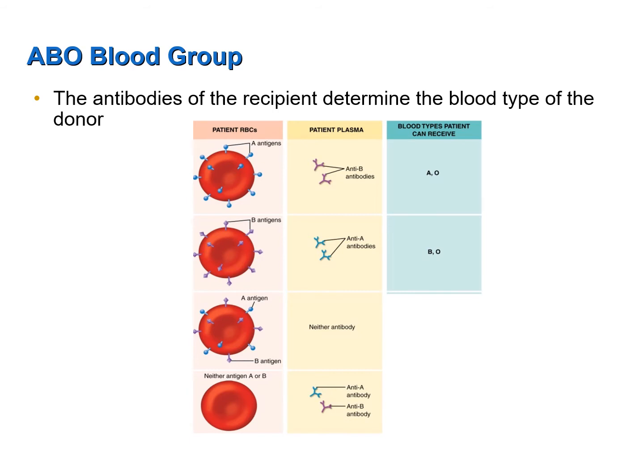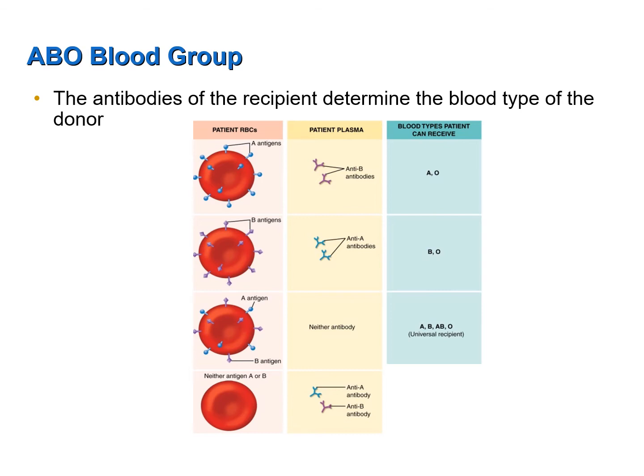Who could they receive blood from? Well, they do not have anti-A antibodies. They do not have anti-B antibodies. So they could receive blood from type A, type B, type AB, or O donors. That is why someone with type AB blood is referred to as a universal recipient.